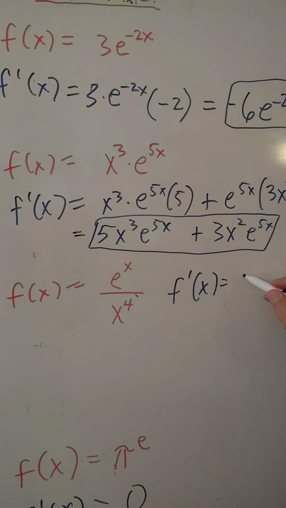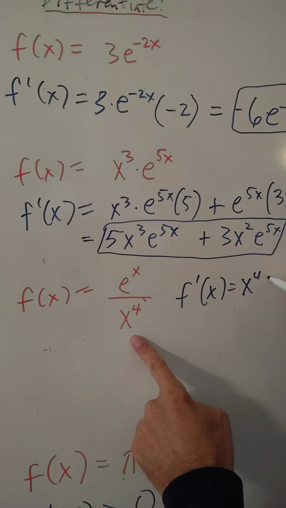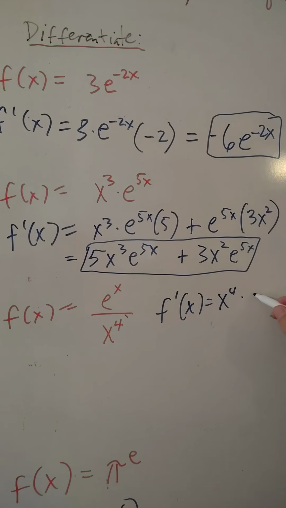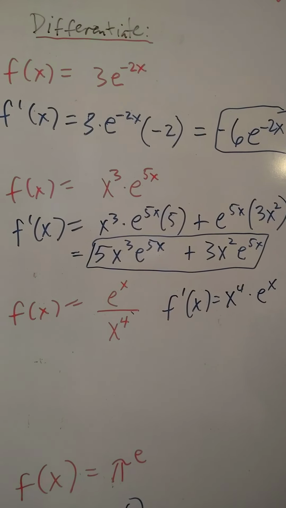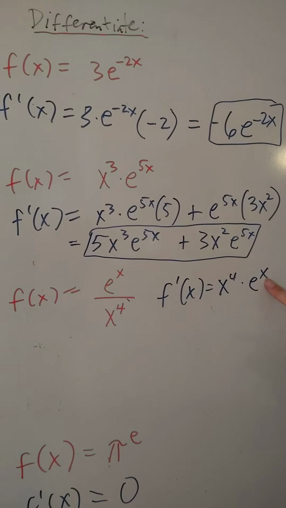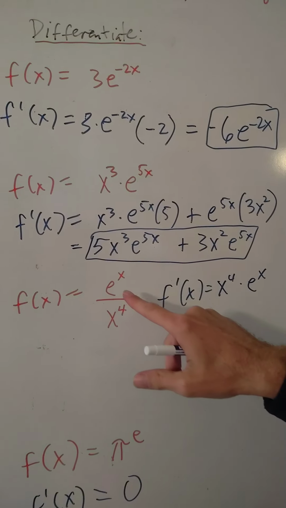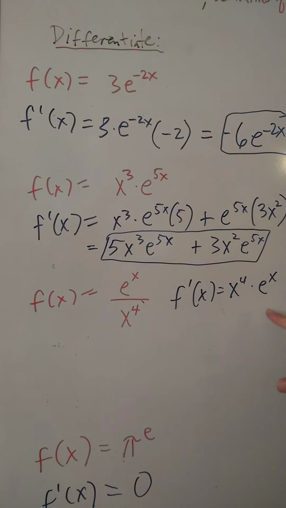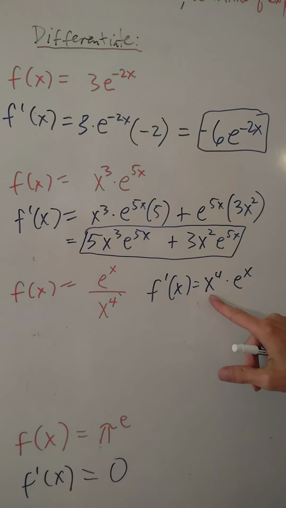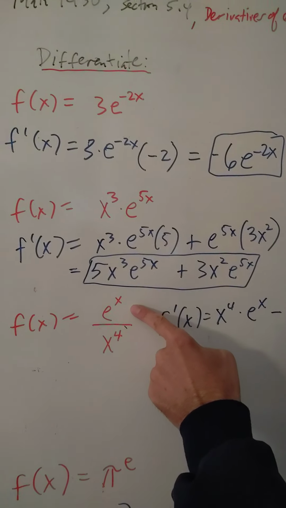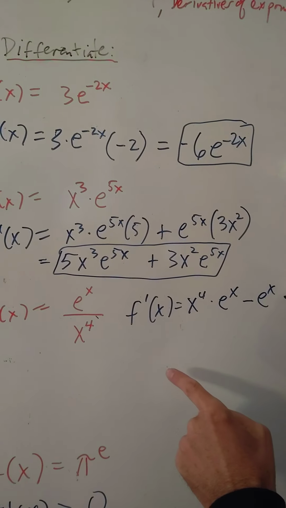So here we go. It's going to be the low times the derivative of the numerator. What's the derivative of e to the x? Itself. Because notice the derivative of the power is just 1. Times 1 I don't have to write. So that's kind of cool. e to the x is its own derivative. So there's low d high minus high, which is the numerator, d low.